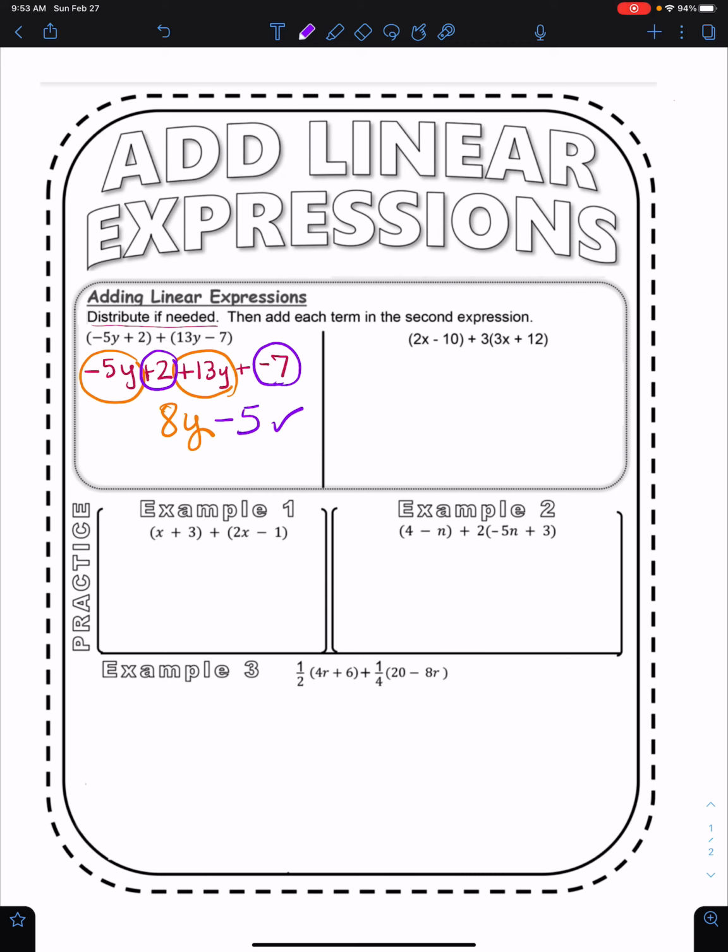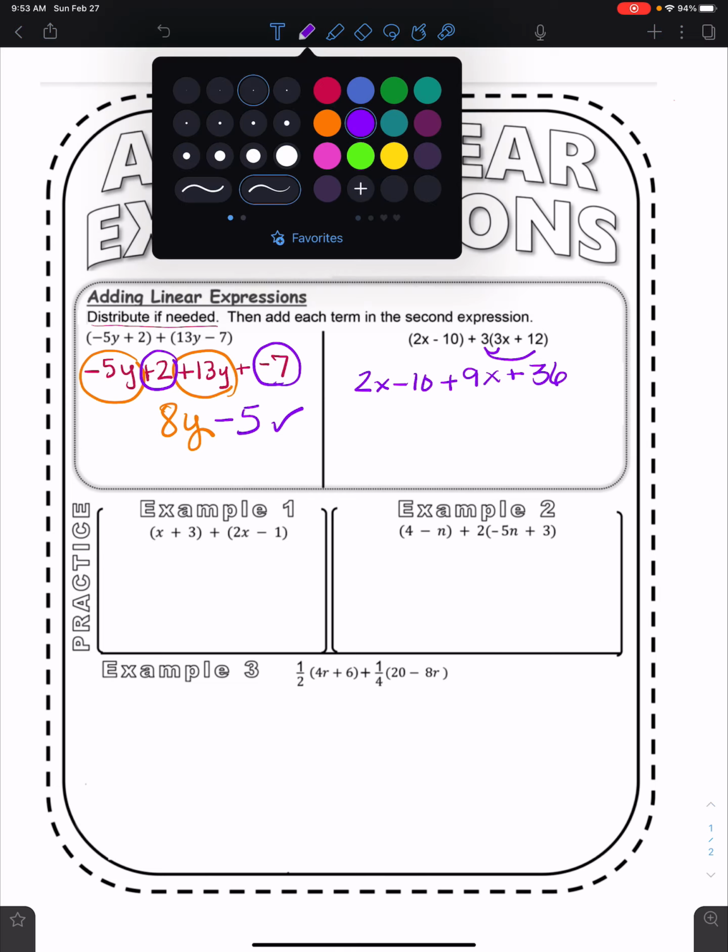In the next problem, I do have some distributing that needs to be done before I can start. So I'm going to just recopy this first expression since it doesn't have any distributing to do. And then I have 3 times 3x is 9x, and 3 times 12 is 36.